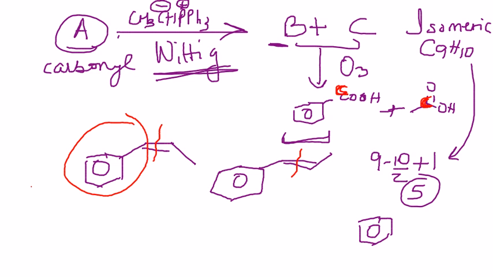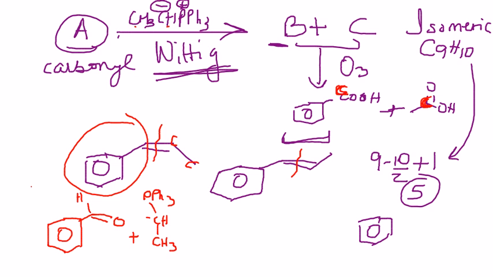And if this is my alkene that I'm supposed to be getting, realize that I have the CH3 and the C from the ylide, and that leaves behind essentially a carbonyl compound. That carbonyl compound will have to be benzaldehyde. So the way the reaction will work is benzaldehyde is going to react with the ylide, CH3CH with a negative charge and PPh3 with a positive charge, and the negative is going to attack the electrophilic carbon, and the oxygen is going to attack the phosphorus.